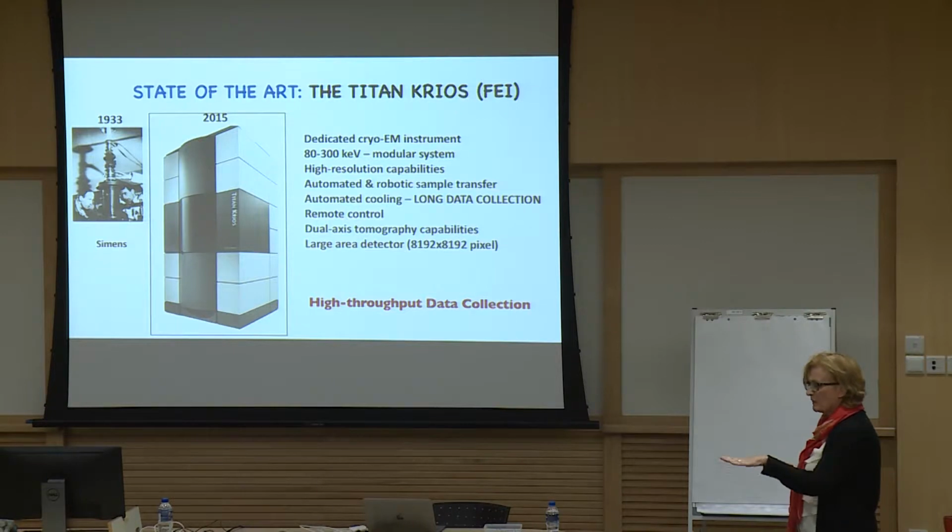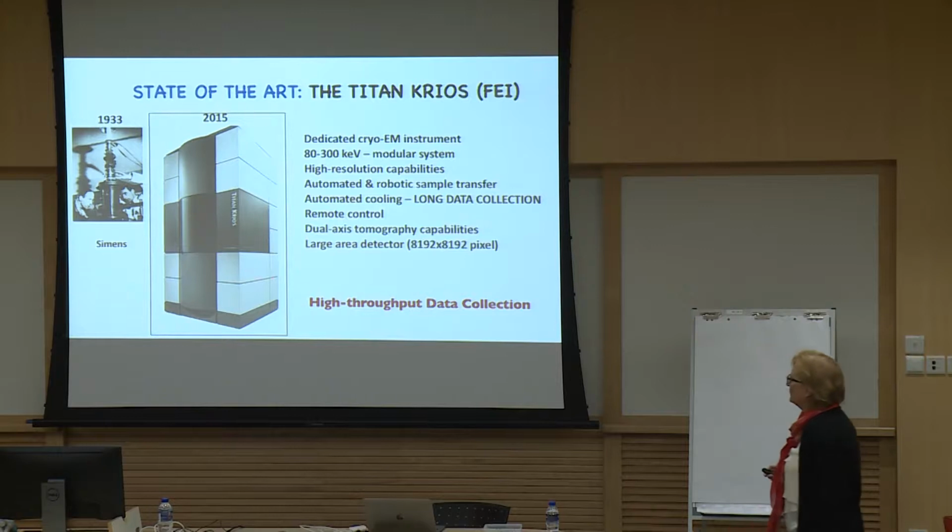I told you about tomography, that you tilt your grid plus minus 60 or 70. Of course, this has limitations. So in order to overcome that, you turn your grid by 90 degrees, and then you do another tilt series. And we have very large area detectors.